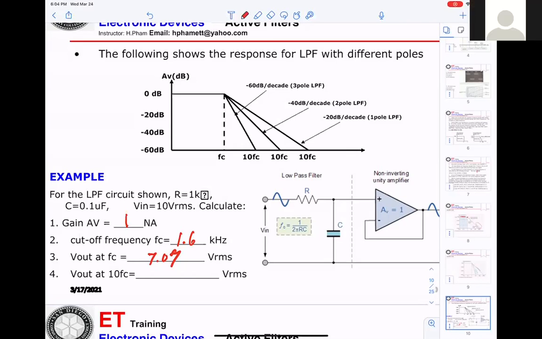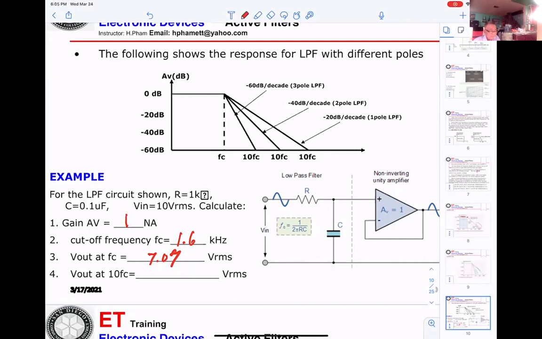I don't think that's right, Mr. Pham, because it's the frequency ratio from FC to 10 FC. So your starting voltage has to be 0.707, not 1. At 10 FC, you're 20 dB below 10 volts RMS. It has to be 0.707. Okay, now, at that minus 3 dB, the output is going down to 7.07.